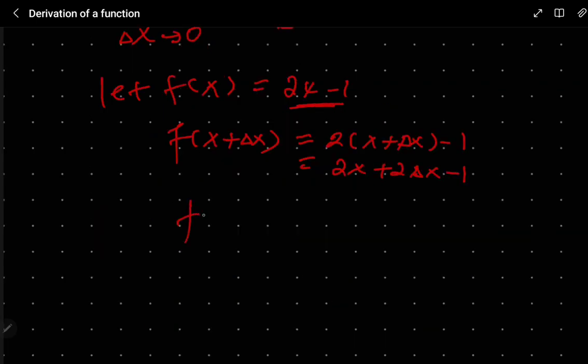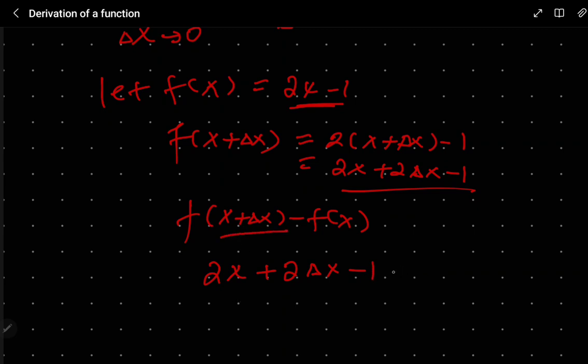What is f of x plus change in x minus f of x? This is 2x plus 2 times change in x minus 1, minus f of x, which is 2x minus 1.